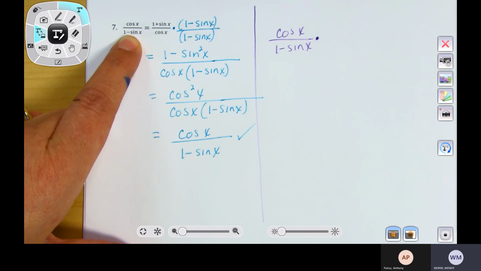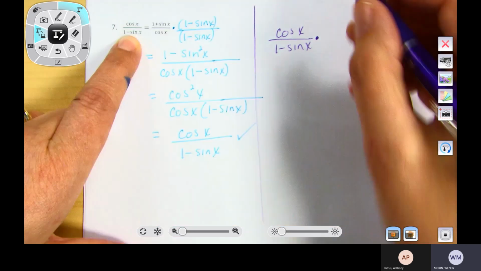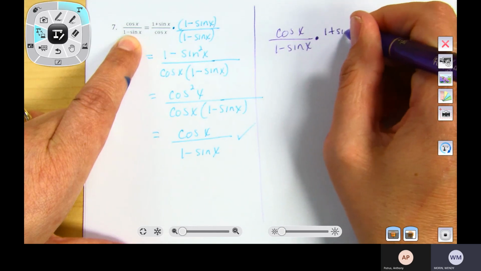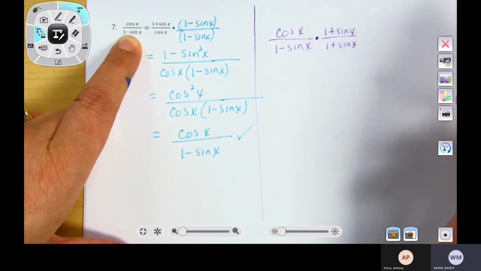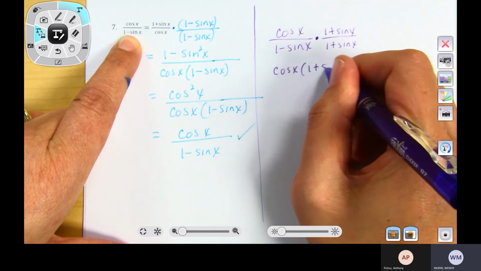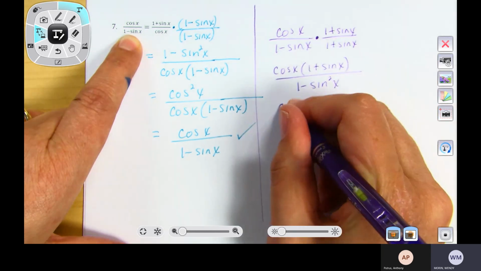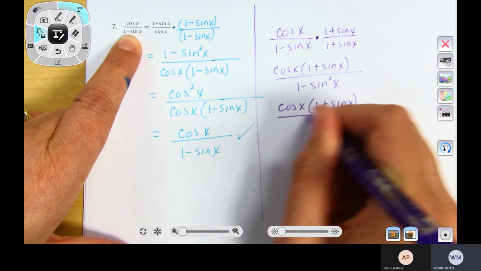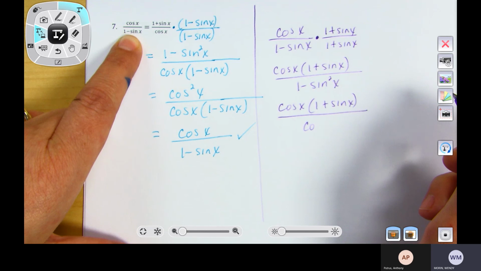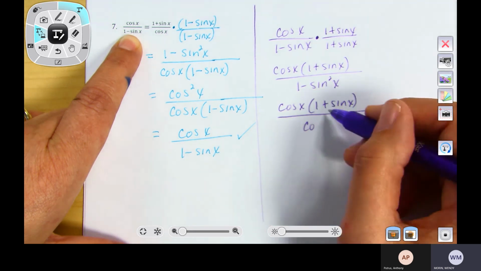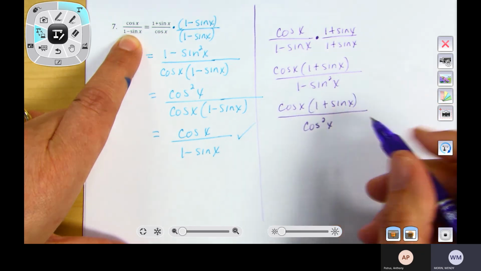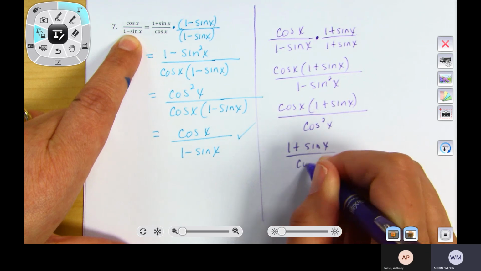We're going to make the left look like the right. Forgot which side I was working. There.